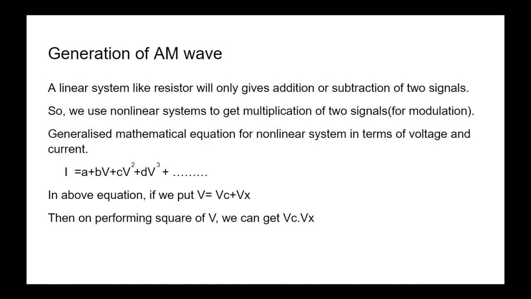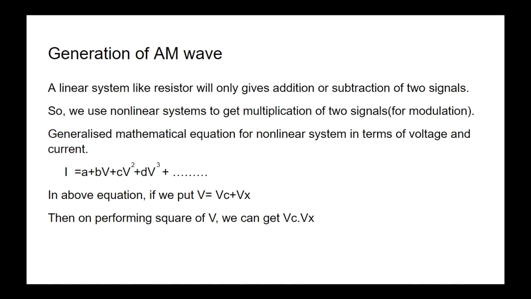So a linear system like a resistor will only give addition or subtraction of two signals. It will not give multiplication. To get multiplication, we need some nonlinear system. A nonlinear system provides multiplication of two signals. How it provides this, we will see in this equation.